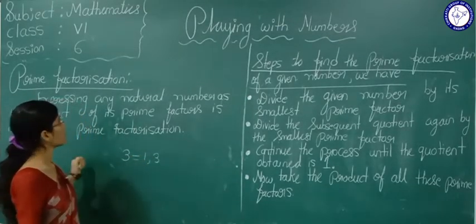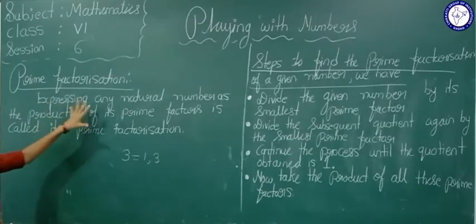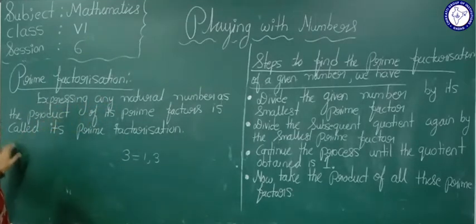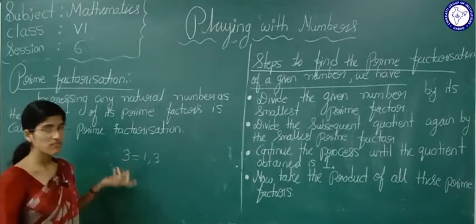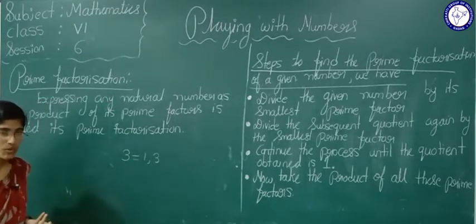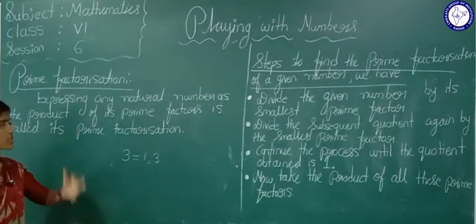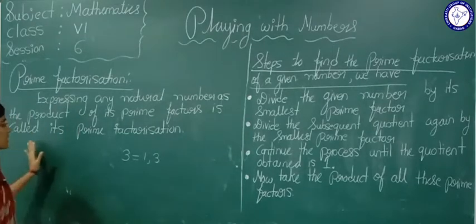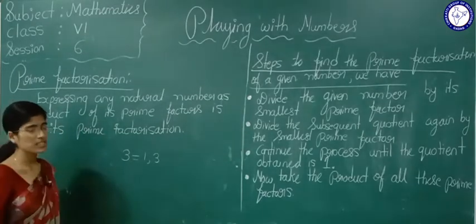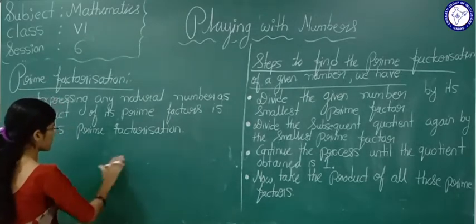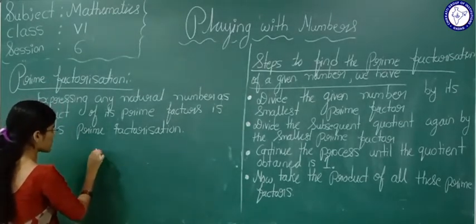Now see here, what is this prime factorization? Expressing any natural number as the product of its prime factors. We are going to express any number as the product of its prime factors, and that is called its prime factorization. Now see here, what is this? Now here I will write 12.